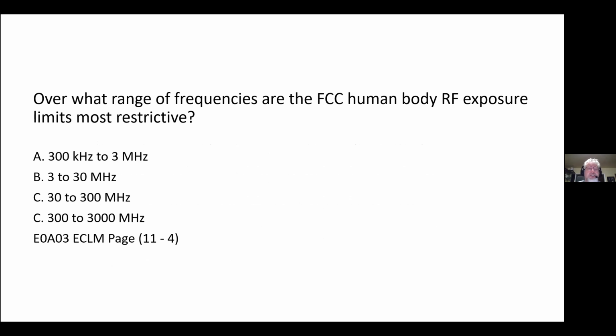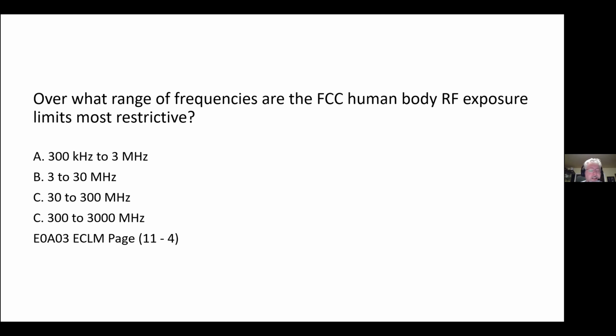Over what range of frequencies are the FCC human body RF exposure limits most restrictive? A, 300 kilohertz to 3 megahertz. B, 3 to 30 megahertz. C, 30 to 300 megahertz.